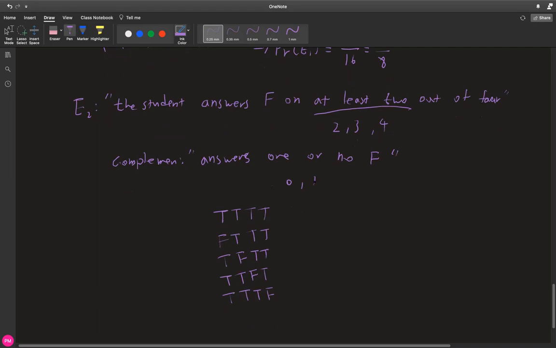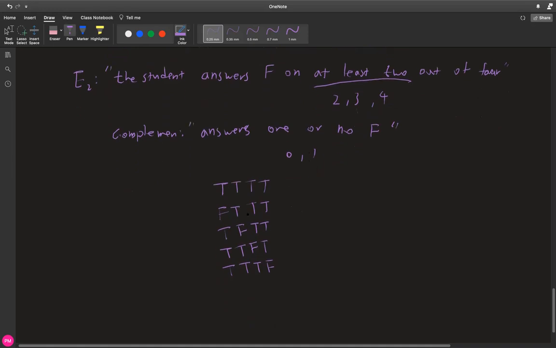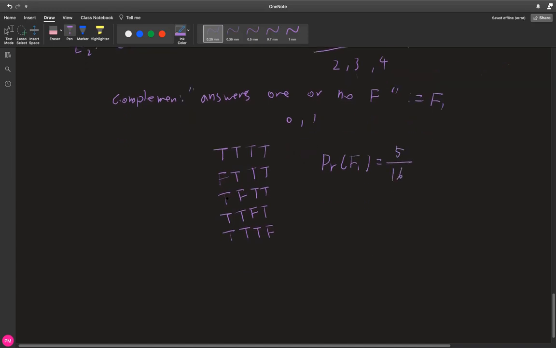So why is it 11? Because we know that this is a complement event. If we denote this event to be F1, then the probability of F1 is 5/16. And since it's the complement, the probability of E2 plus the probability of F1 is 1.